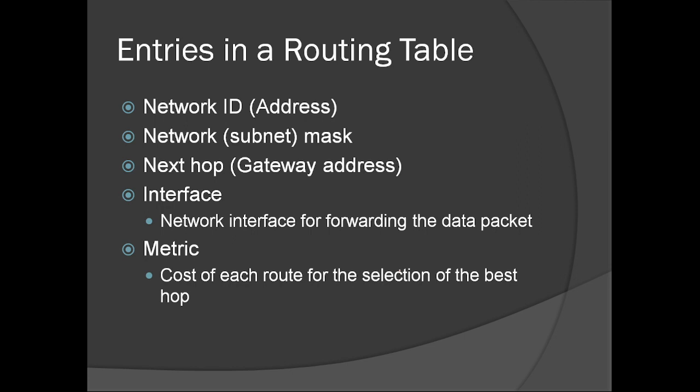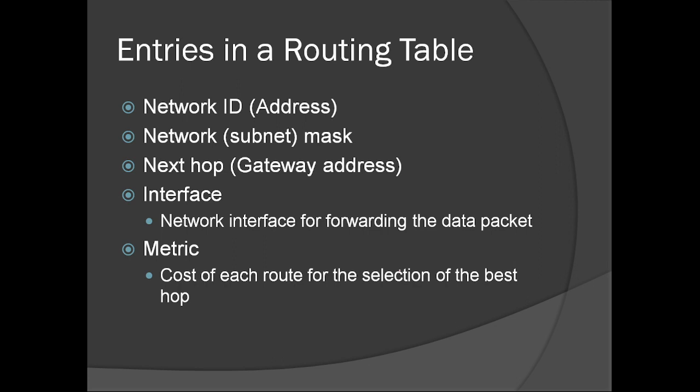Okay, and part of the entries in the routing table are the network ID or the network address, network or subnet mask, the next hop or the gateway address or the IP of the gateway, the interface or the network interface for forwarding the data packet. So this is the link kung saan manggagaling or mafo-forward yung network traffic or your data packet, and the metric cost of each route for the selection of the best hop.